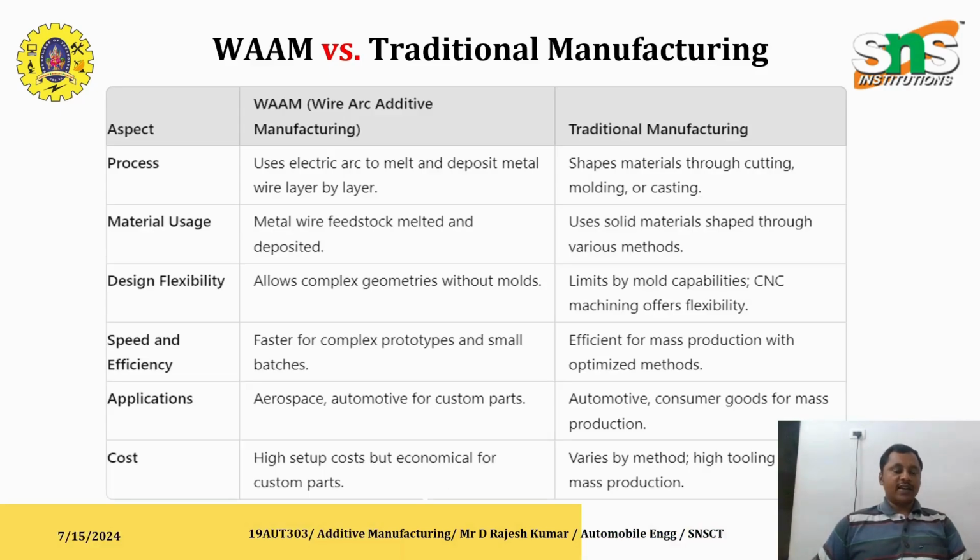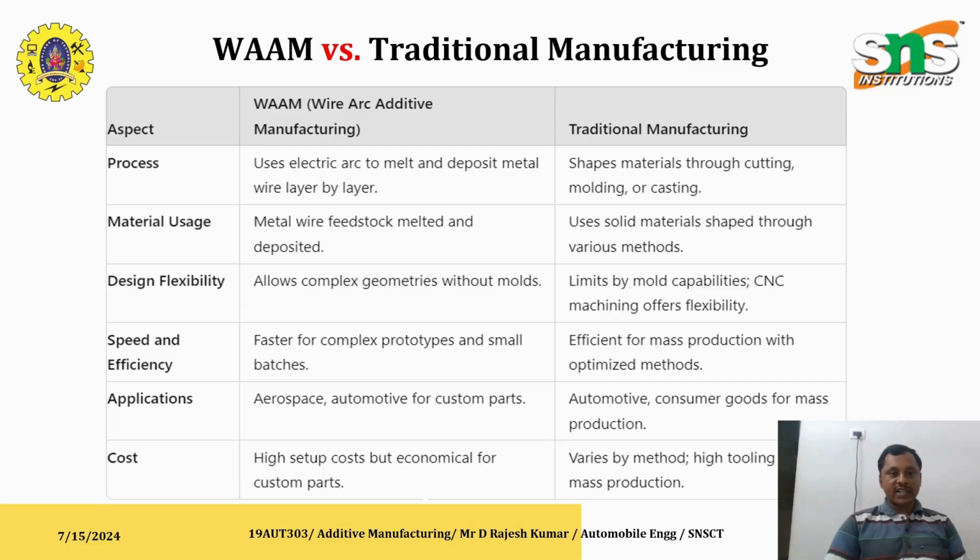So this is the comparison between wire arc and the traditional manufacturing process. In wire arc, an electric arc is used to melt and deposit metal wire layer by layer. In traditional manufacturing, shapes are made from material by cutting or molding or casting processes.